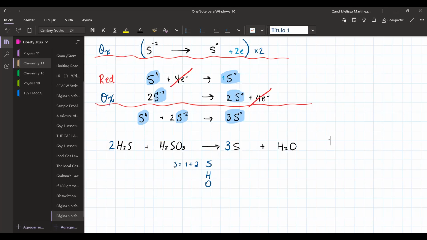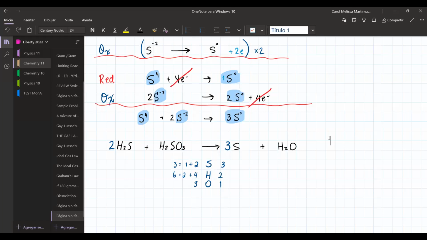And on the other side, you're going to have 3 times 1, just 3. On the other side, you're going to have hydrogen. 2 and 2 makes 4, and 2, so 4 plus 2. I'm going to have 6 hydrogens. And oxygens, I'm going to have just 3 oxygens. On the other side, for hydrogen, I just have 2, and for oxygen, I just have 1.